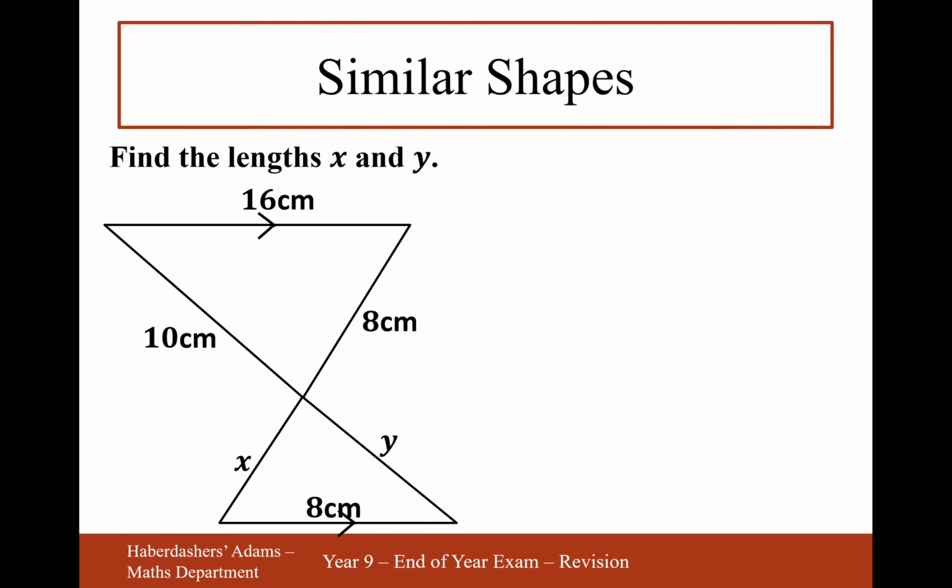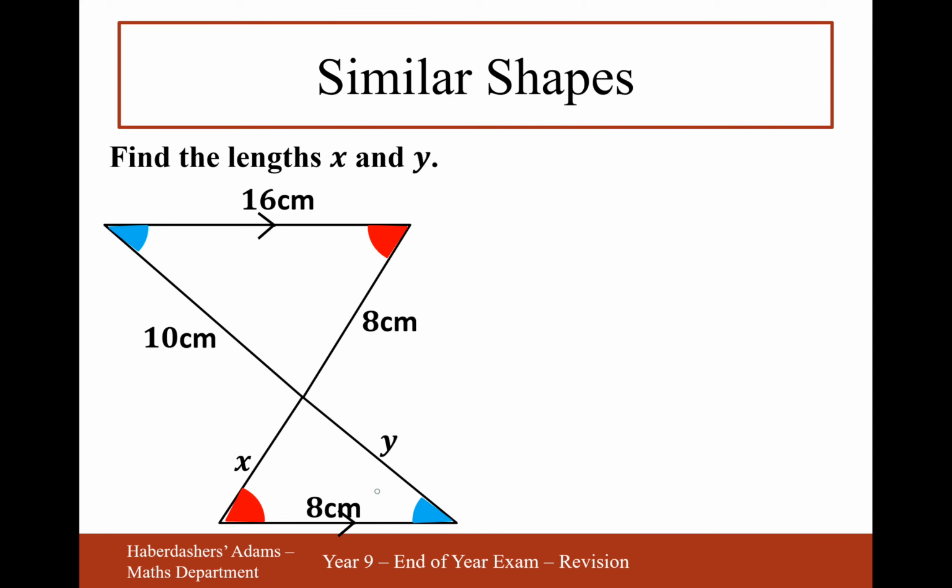Can we prove that these two triangles, one on the top and one on the bottom, have the same angles? I know that these two angles are the same because of the Year 7 rule of alternate angles that you can make a Z with. Additionally, these two angles are the same because they also form a Z with the parallel lines on the top and on the bottom.